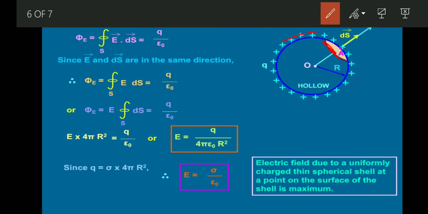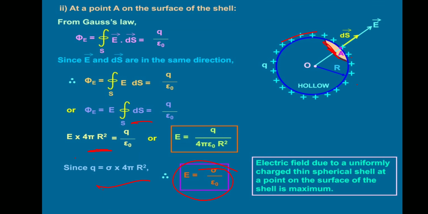Again integrating over the whole surface ds, we get 4 pi r square, because r is the radius of the given charged sphere. So E into 4 pi r square is q upon epsilon naught. Substituting the value, we get E is equal to q upon 4 pi epsilon naught r square. Again substituting the value for surface charge density, we get E is equal to sigma upon epsilon naught, which is a constant.